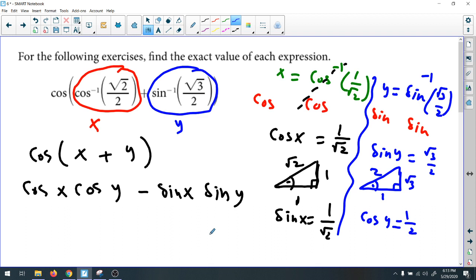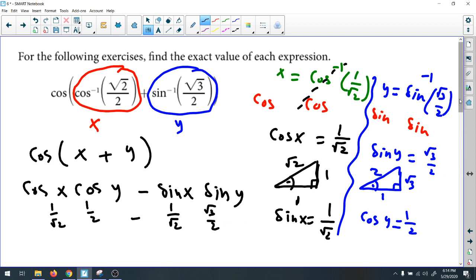Now you're going to plug in all of these ratios. Cosine of x is 1 over square root of 2, cosine of y is a half, minus sine of x, which is 1 over square root of 2, and sine of y is square root of 3 over 2.